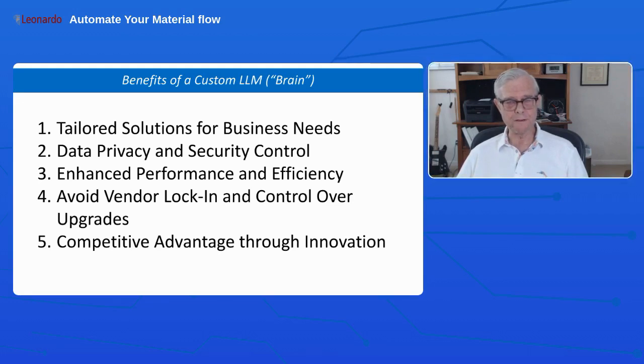Enhanced performance and efficiency when you're asking it queries, yes, because it has the right background already. Avoid vendor lock-in means if you have your own LLM, or your own library that you're training the LLM in, then you avoid the situation where you're committed to using OpenAI, for example, or you're committed to using Claude because you've built this whole infrastructure inside of ChatGPT, and to change it would be really painful.